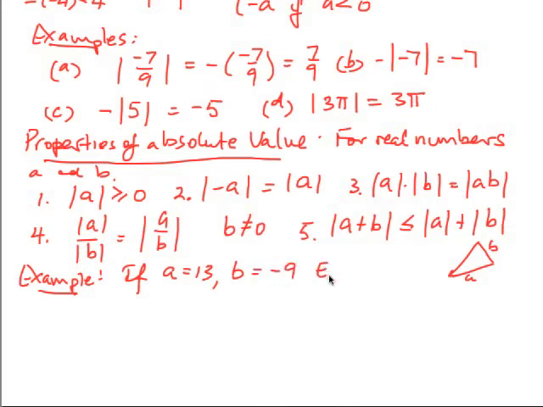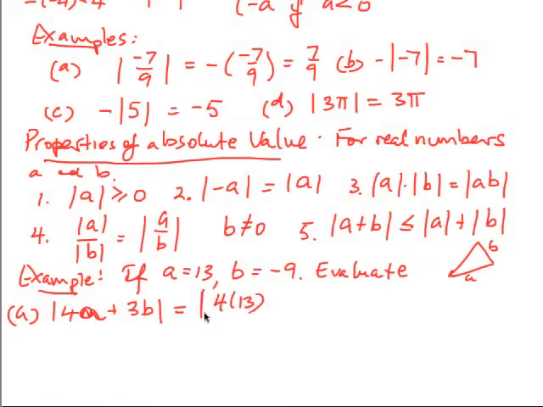Let's evaluate part A, let's say the absolute value of 4A plus 3B. This would be the absolute value of 4 times 13, plus 3 times -9.